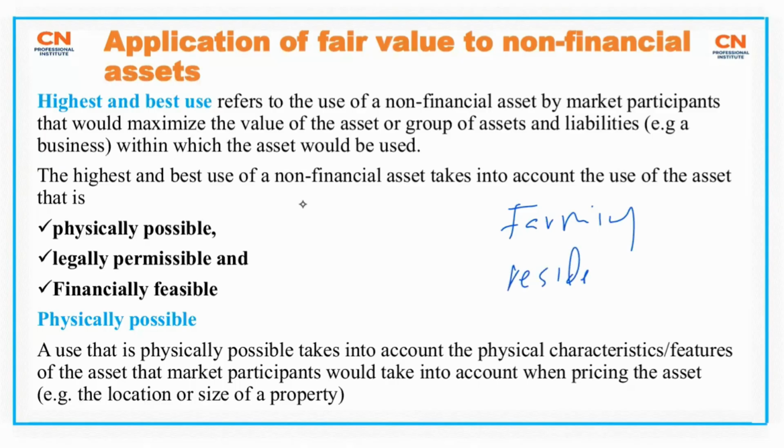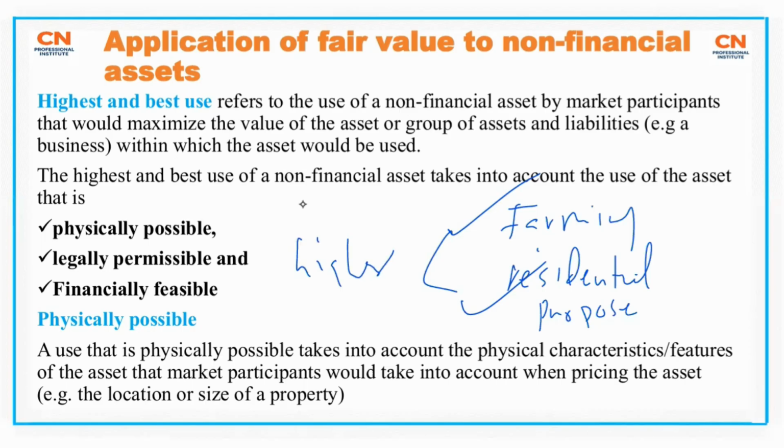Maybe you can put up your building there for residential purpose, right? Now, what the highest and best use principle is saying is that you determine the value of the land for farming, determine the value of the land for residential purposes, and pick the higher one. So the higher becomes the highest and best use.